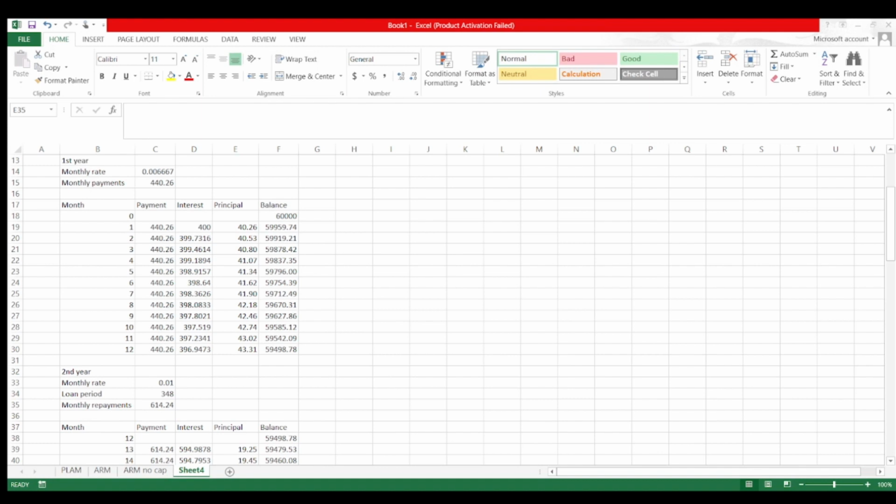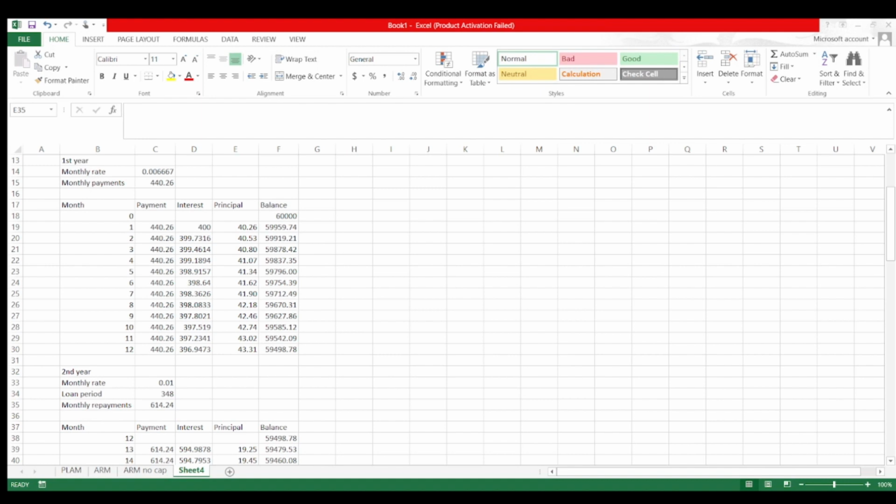Some adjustable rate mortgages include payment caps, which limit your monthly payment increase at the time of each adjustment. Usually, this cap limits at a certain percentage, which is usually based on the previous payment.